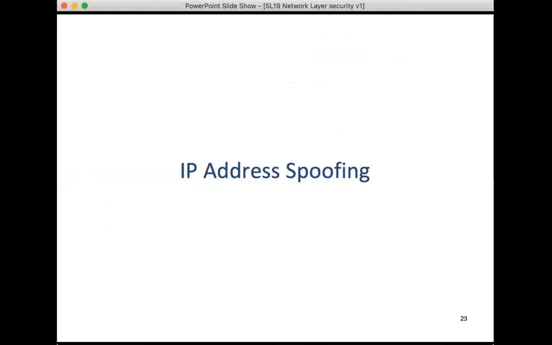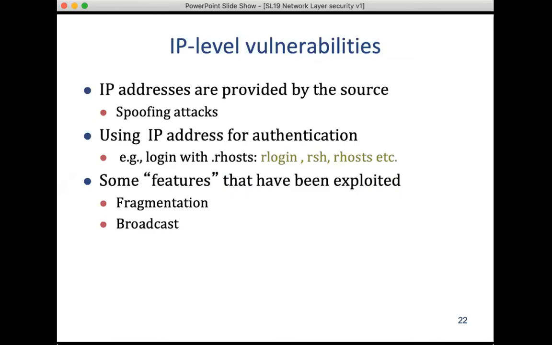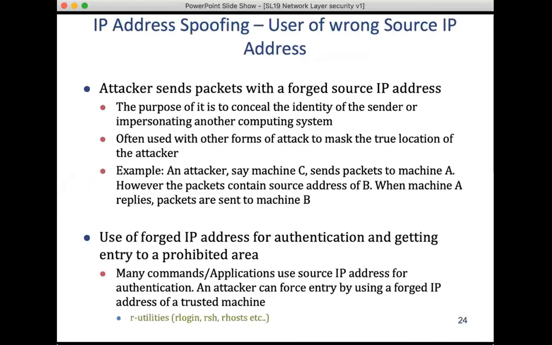Okay. So now let's look at the first attack, which is IP address spoofing. It's very simple, as we have seen in the case of MAC address spoofing. Here the attacker can use a forged IP address. What is he going to get out of it? If he forges the source address, a wrong source address or somebody else's source address, then you can cause trouble, right?